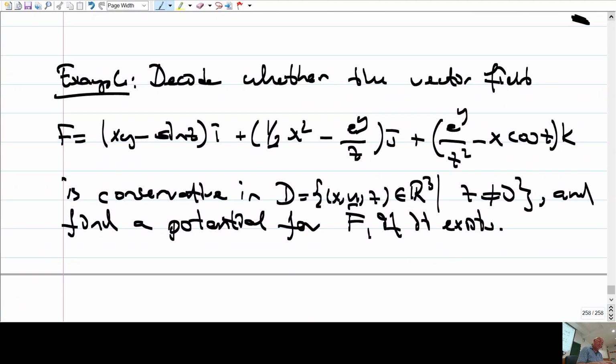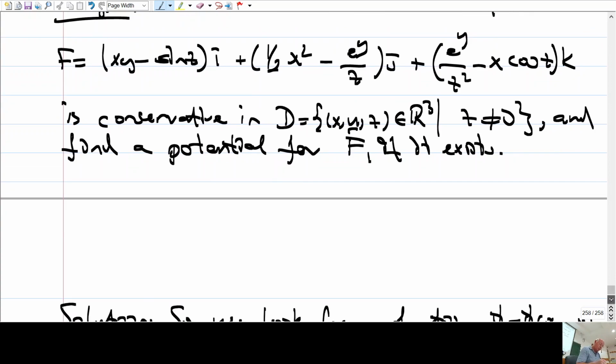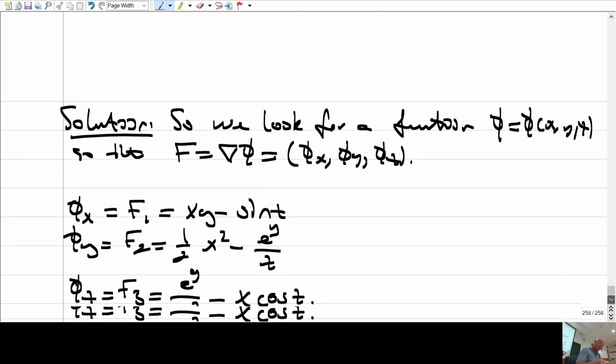We are given this vector field F in 3 space. It is defined everywhere except the points where the z coordinate is 0. So except the xy plane, actually. We are asked to find a potential for this vector field if there is a potential.